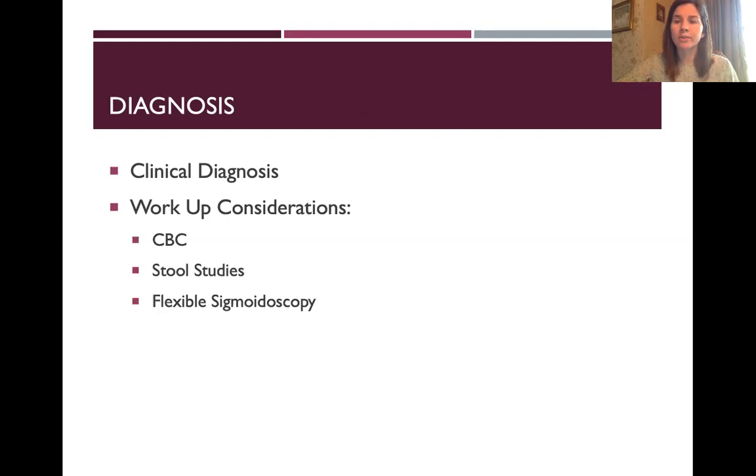If you are concerned that the hematochezia is secondary to an infection, you can send stool studies. And if the presentation is confusing or it is not entirely clear what's going on, there can be a role for flexible sigmoidoscopy to actually try and get tissue samples to see what it looks like underneath the microscope.